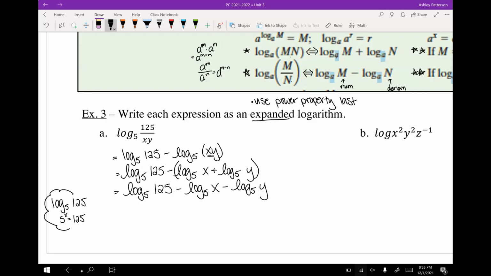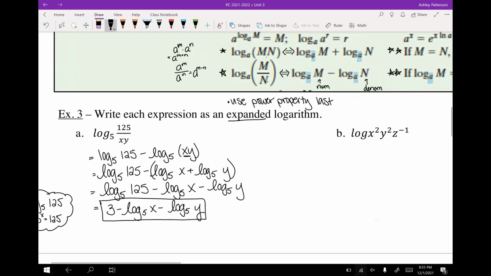It's 3. So yes, before you finish expanding, and again, write this down if you need to, you need to check and see if you can evaluate any of the logarithms. Sweet. So writing out the rest of the expression, we've expanded through subtraction, we've expanded through addition, no power properties, and then we evaluated the logarithmic term. Nice work.